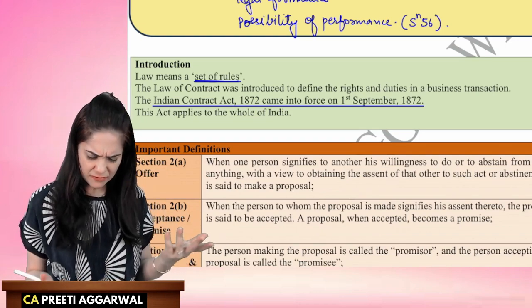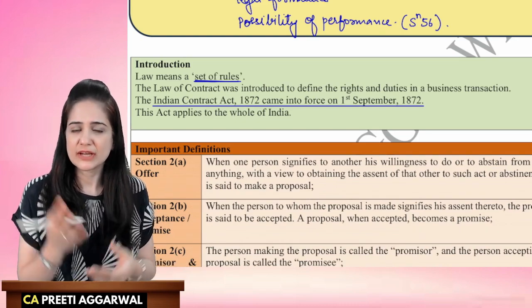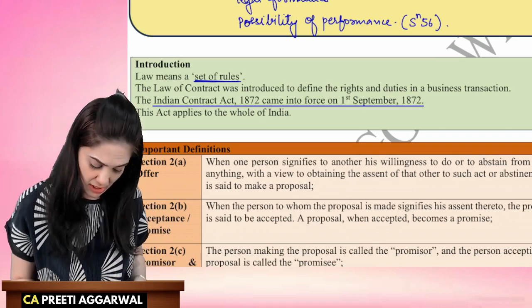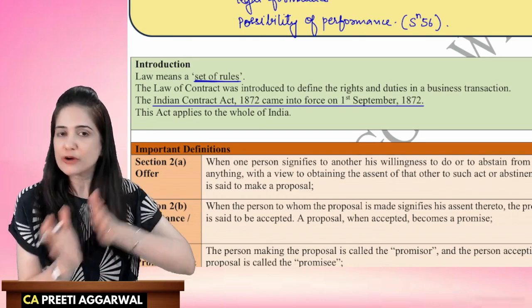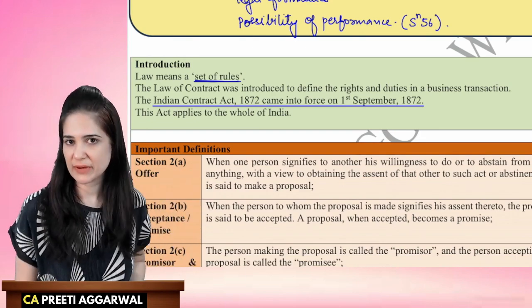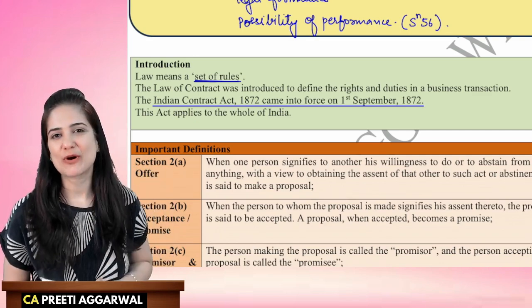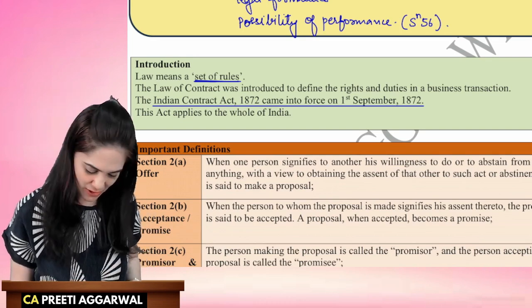But ma'am, we are very sure that contracts may have been entered into even before 1st September. And what about those contracts? See, the Indian Contract Act was not applicable to contracts entered before 1st September 1872. The English Contract Act applies to the contracts entered before 1st September 1872. Okay.